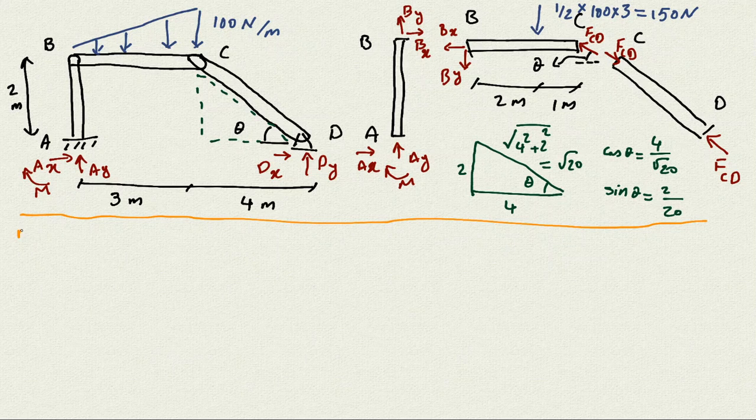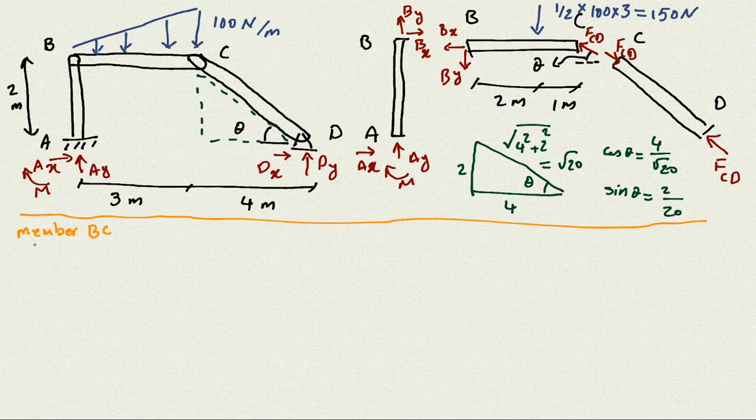If I do the calculation for member BC, if I write the sigma Fx, it's not going to give us anything because Bx is unknown and FCD is unknown. The By is also not going to give us anything. So I start to write a moment about point B. That's probably the best thing I can do.